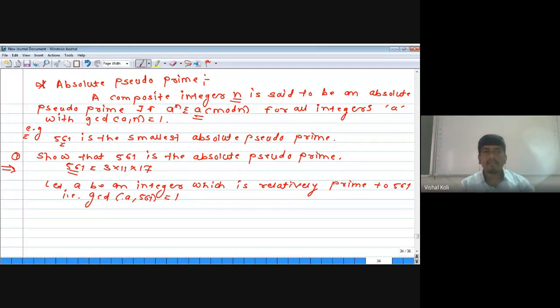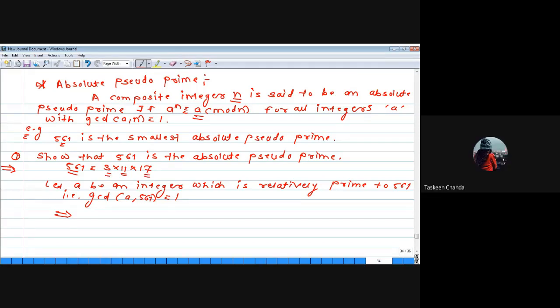If GCD of a and 561 is equal to 1, then what is the GCD of a and 3, GCD of a and 11, and GCD of a and 17? As a is relatively prime to 561, then what should be the GCD of a with 3, 11, and 17? 1. It must be 1.